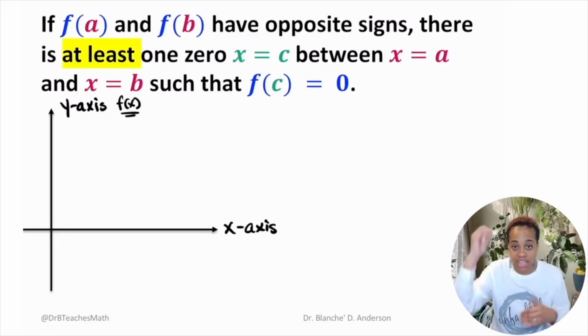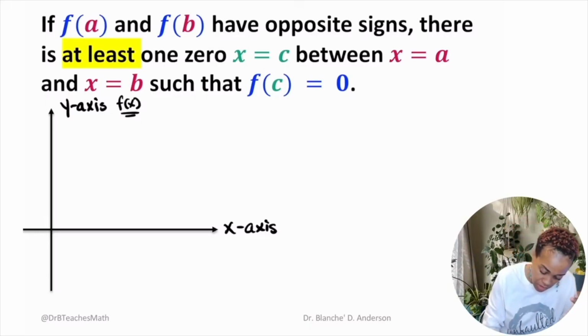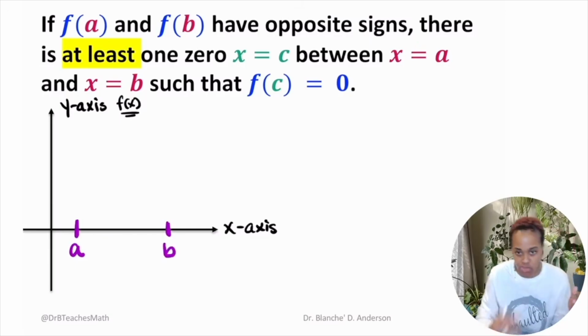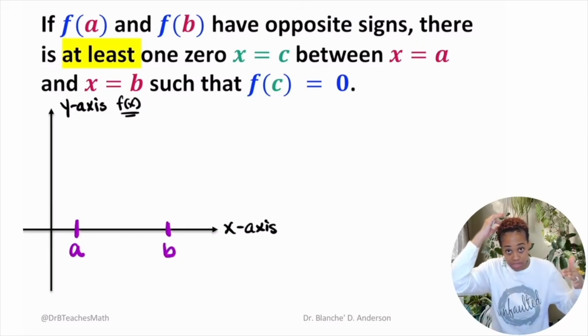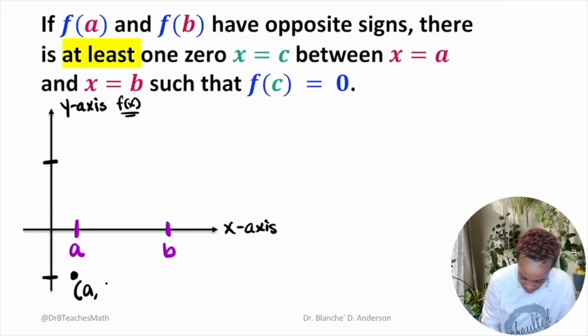They're saying if you have an f of a and an f of b that have opposite signs. Let me show you. If this is my x-axis, I'm going to say this is my a point and this is my b point. Because on your x-axis, you have all these numbers, right? And if I pick a point up here on the y-axis, let's say here, and then I pick a point right here, this is the point a, f of a.